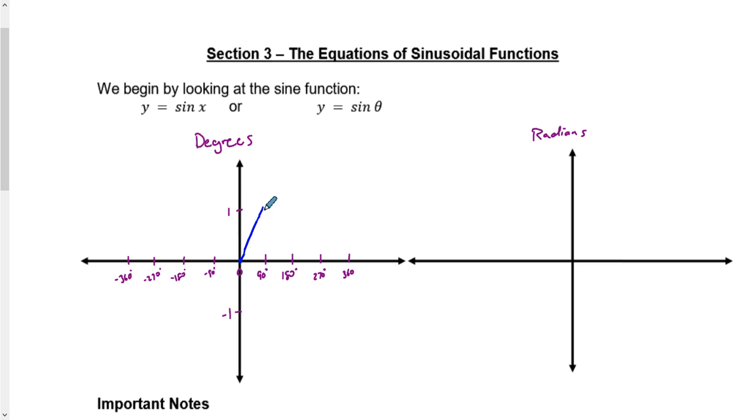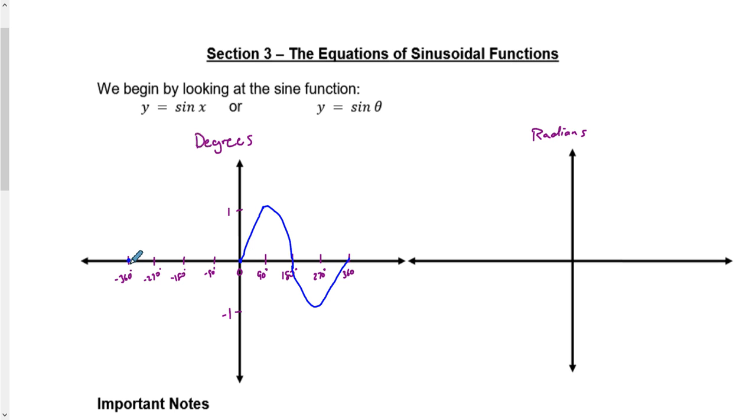Starts at 0, goes all the way up to 1 at 90 degrees, crosses back down the x-axis at 180 degrees, goes down to its lowest point at 270, and comes back up at 360. Now, of course, I know that doesn't look the greatest. Hopefully, when I do it in radians, it'll look good.